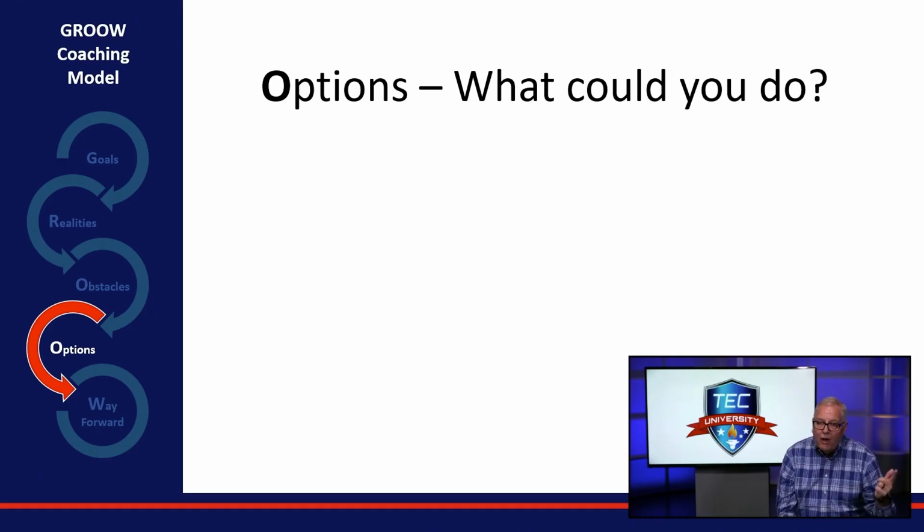We really think that obstacle piece is really important, so we've added that in there. Only after you've really worked through and talked about those obstacles do I think you're ready to start looking at options. Because now I have a clear picture of, here's what I want to achieve. I've got a picture of where I am right now. And I also hopefully have a fairly solid understanding of, here's what's going to get in the way. Here's what I'm going to have to get over to make it to my goals. What are the things I'm going to have to overcome?